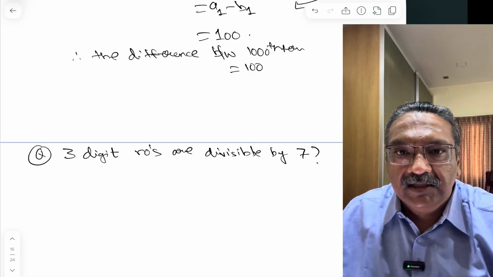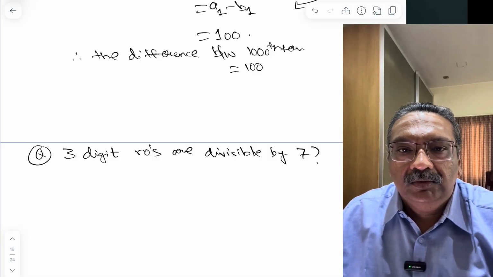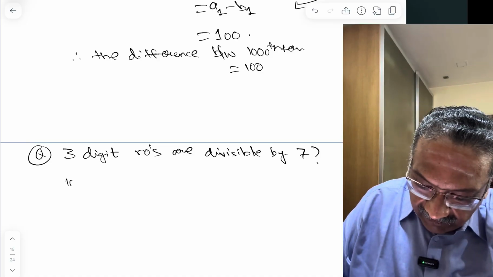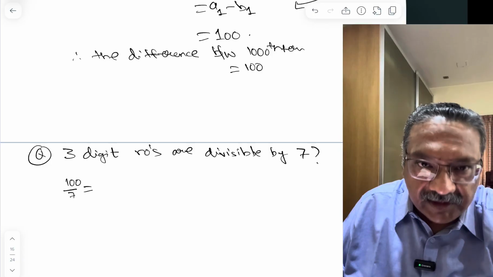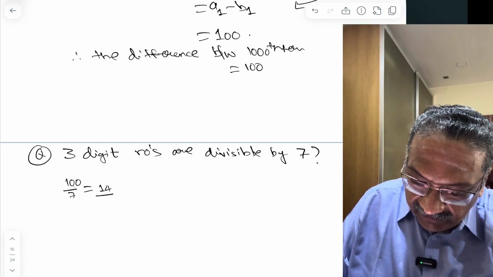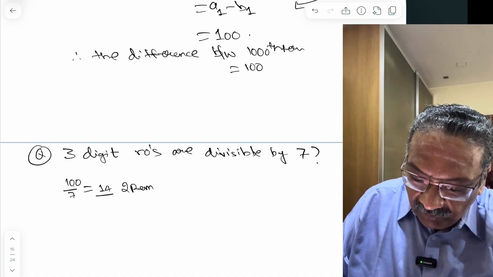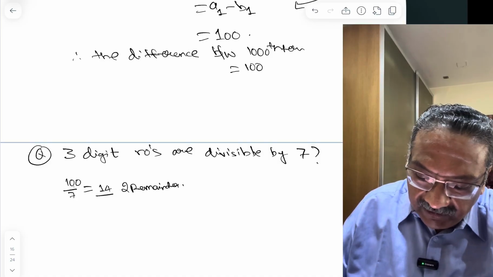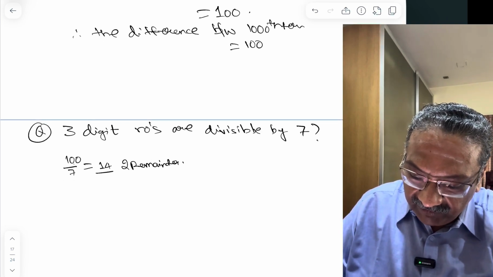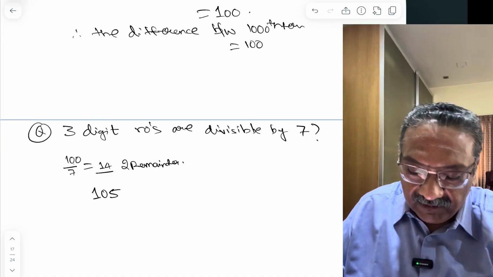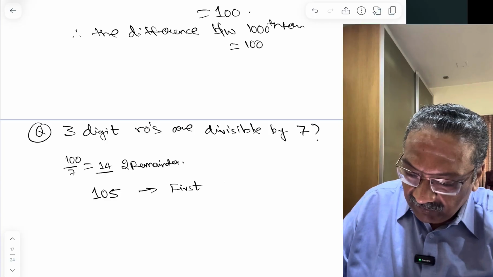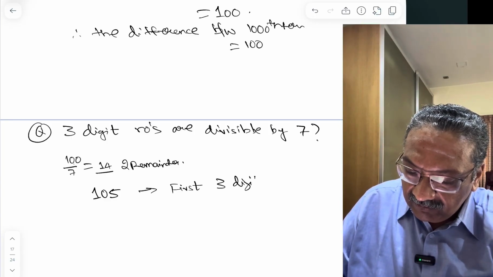Let us start with 100. 100 is not divisible. 100 divided by 7: 7 ones are 7, 7 fours are 28, 2 is the remainder. So if 2 is the remainder, the first number which will be divisible is plus 5, that is 105. So 105 will be the first 3-digit number divisible by 7.